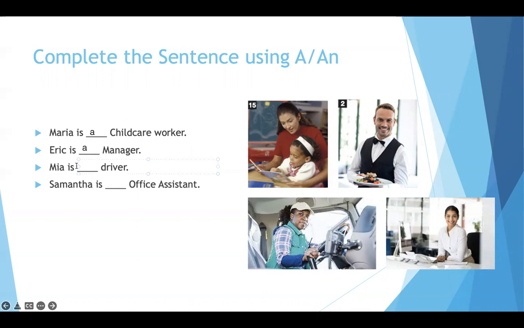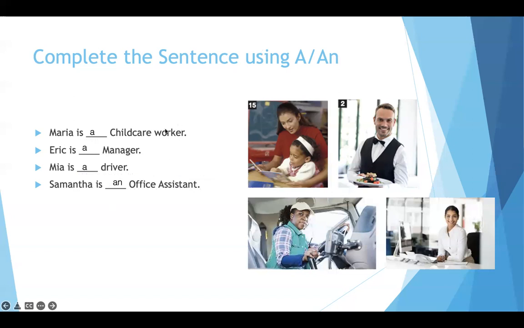We would say a driver because driver starts with D, which is a consonant. And finally, Samantha is office assistant. Would we say a or an for this sentence? This one would be an because office assistant starts with a vowel.